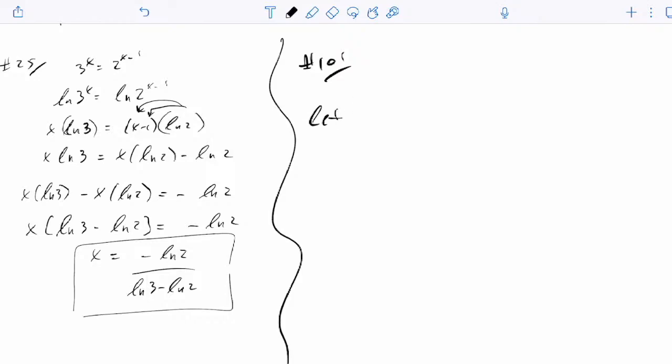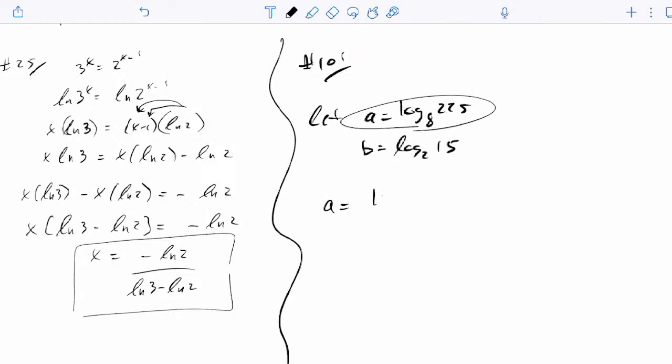So for 101, they let a equal log base 8 of 225, and they let b equal log base 2 of 15. Express a as a function of b.